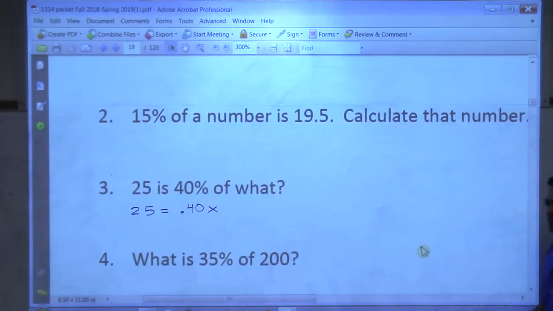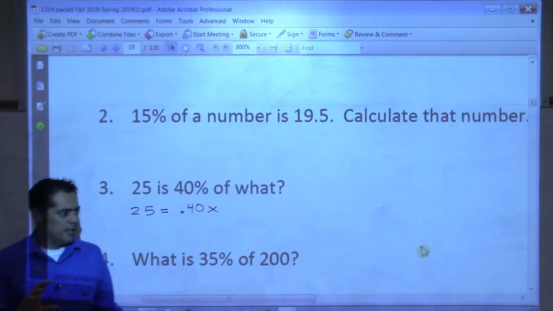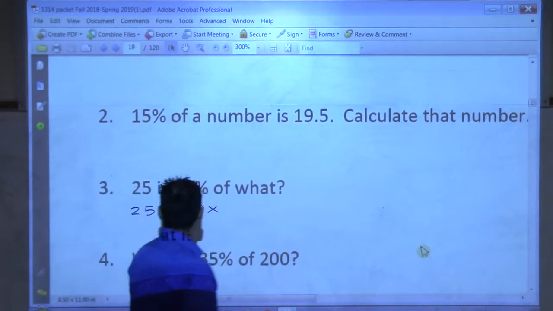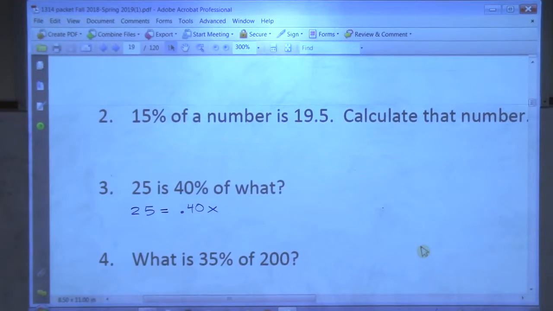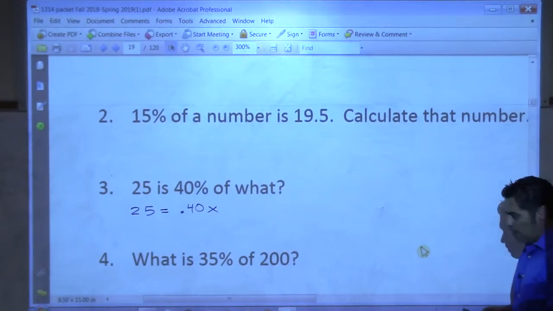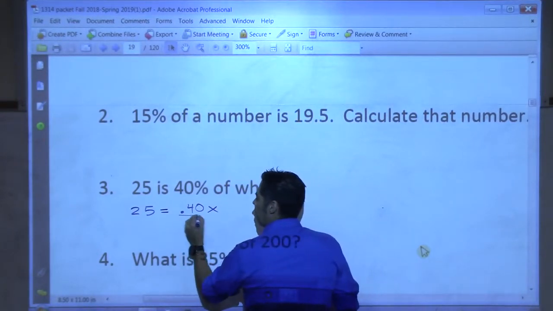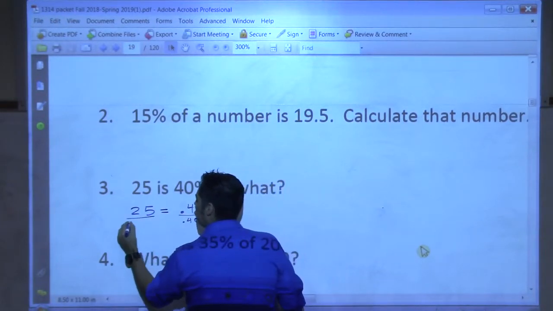So remember, on the test on Wednesday, I want to see you write the equation out and then go through the process of solving it. So what would I do to solve this? How would I solve for X here? Divide both sides by 0.4. You could say 0.4 or 0.40, it's the same thing.